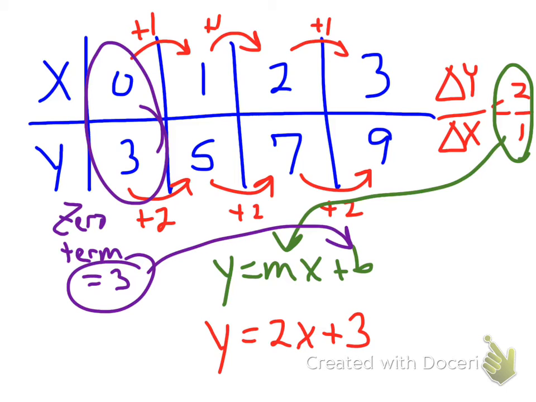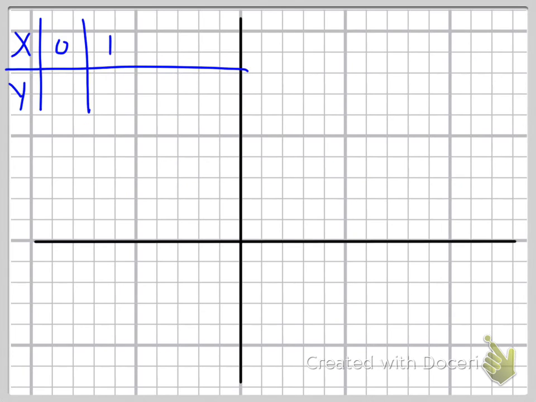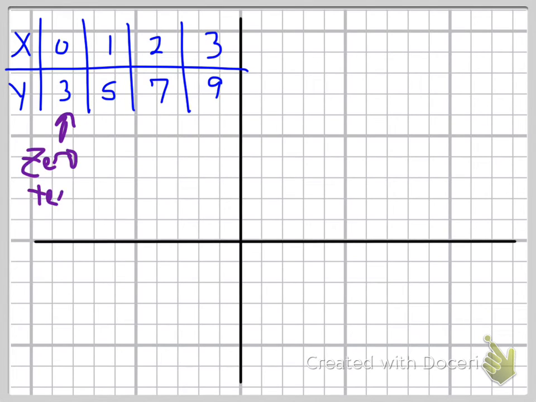If I want to now graph this, there's the table that we had from the previous one. The 3 was my 0 term when we were looking at the tile. X equals 0 is my y-axis, so I can put a dot right there at 3. That is my 0 term. I am adding 2 for every x value that's going up by 1.